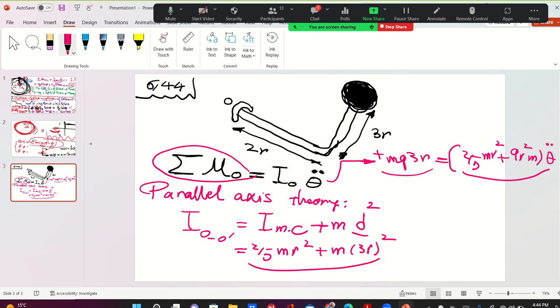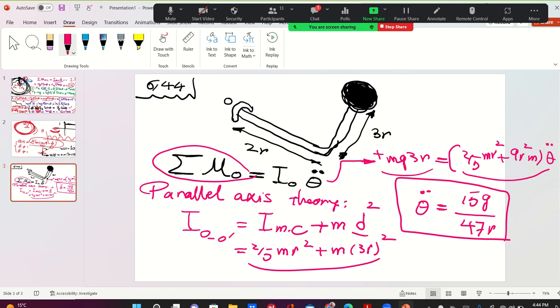If you do the calculations, after simplification theta double dot becomes 15g divided by 47r. Bingo. Any questions, guys? Simple like that.